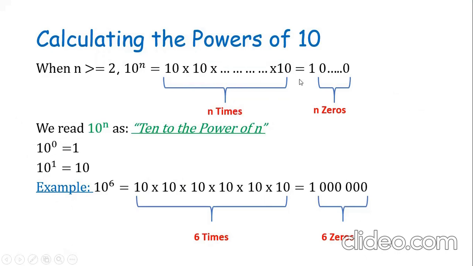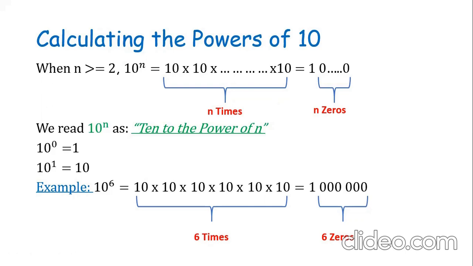And the result in this case is written as 1, and on the right side of it is a number of zeros that is equal to n, which is the number of times 10 is multiplied by itself.